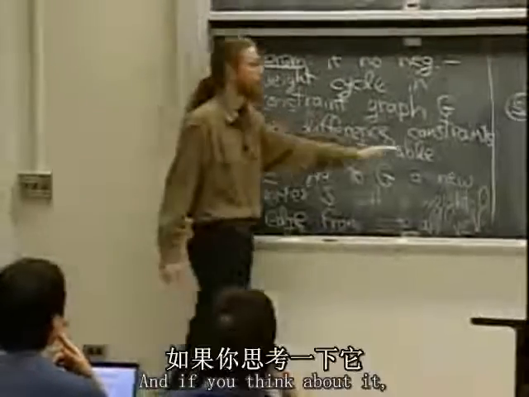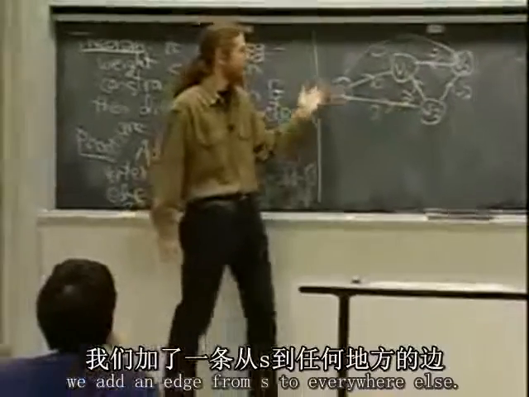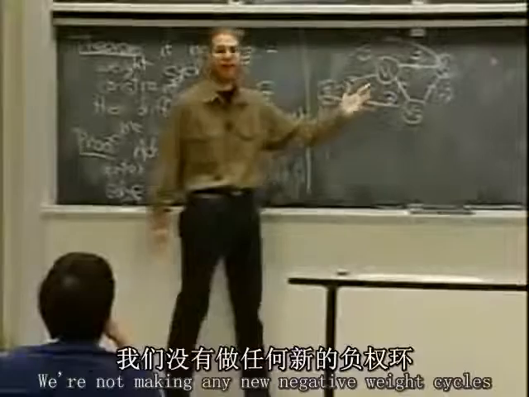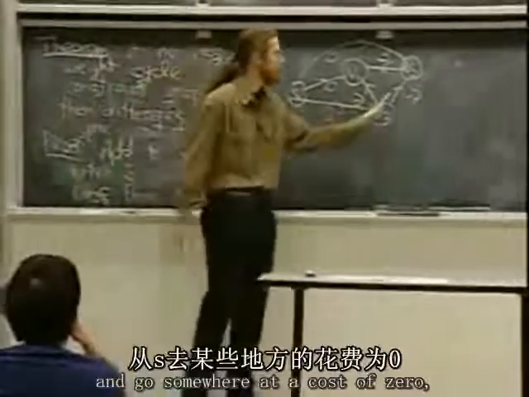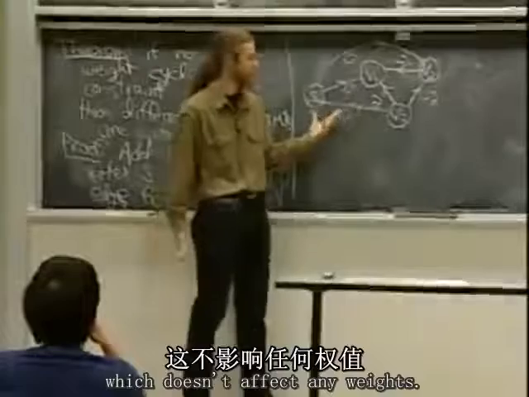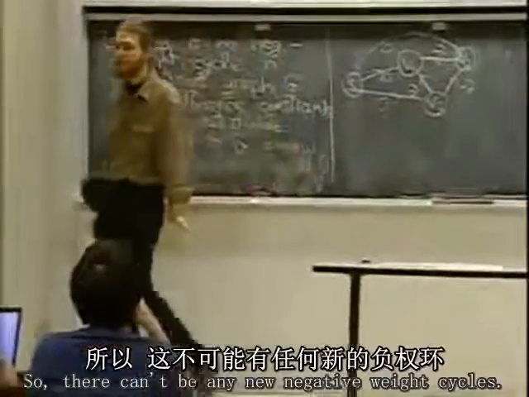And if you think about it, if there's no negative weight cycle in the original graph, and we add S with an edge from S to everywhere else, we're not making any new negative weight cycles. Because you can start at S and go somewhere at a cost of 0, which doesn't affect any weights, and then you are forced to stay in the old graph. So there can't be any new negative weight cycles.